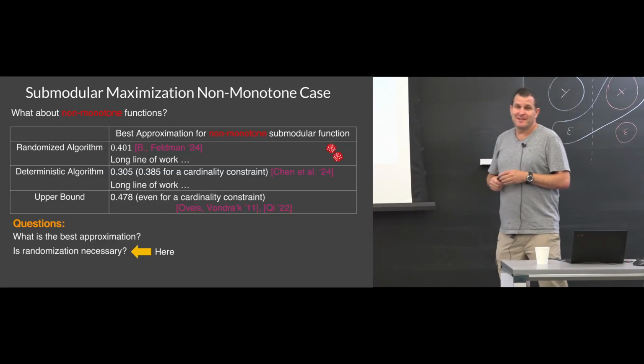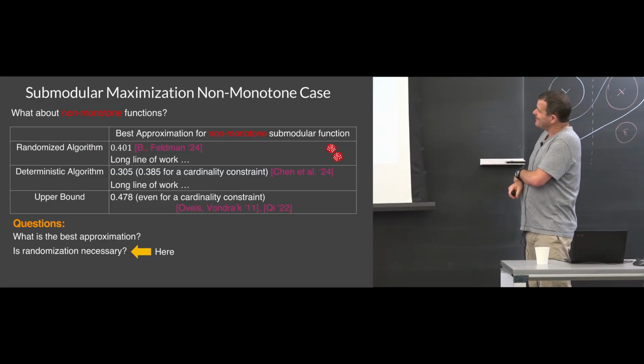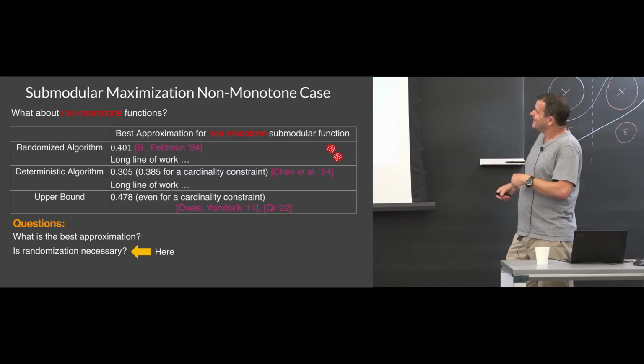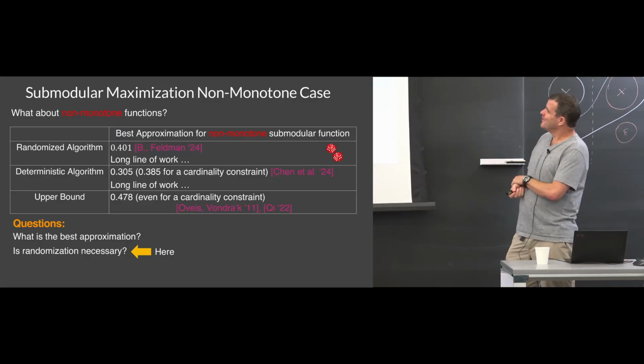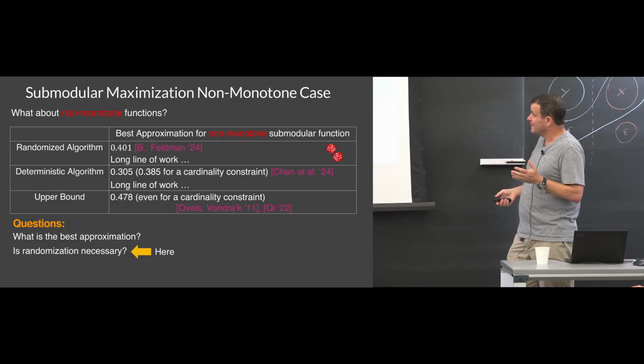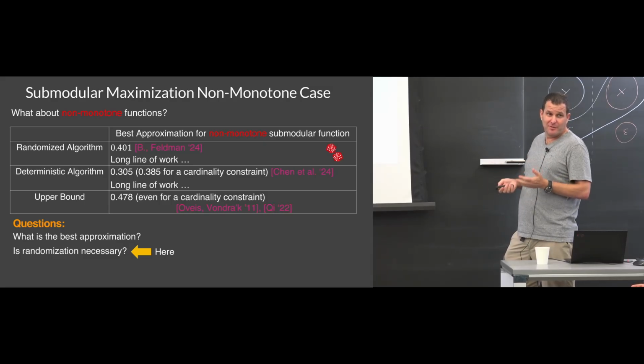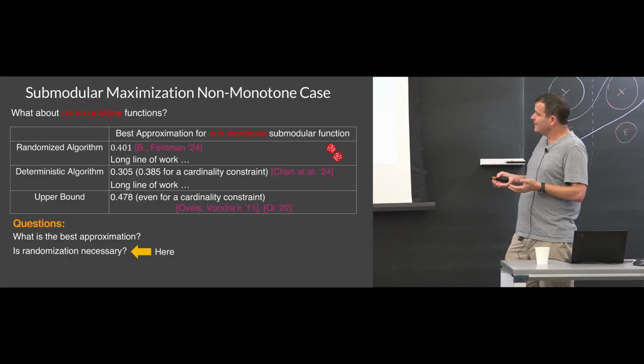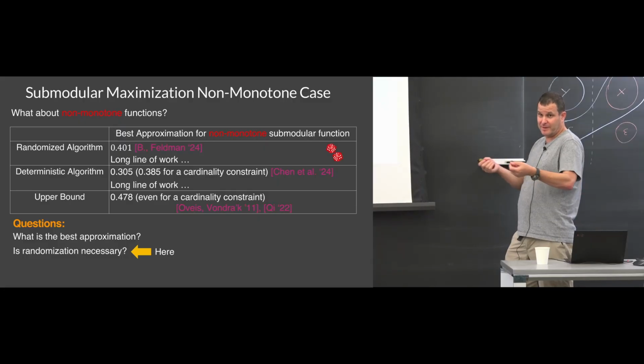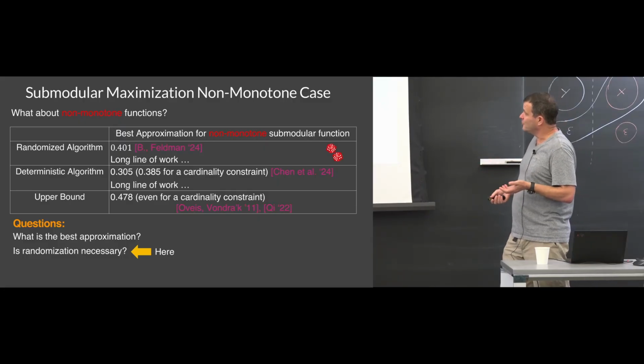Let's move to the part that is less elegant. Yeah, maybe more elegant. So let's move to non-monotone functions. Non-monotone functions are much more difficult, and we understand them much less. Even the approximation ratio has open questions, and these are really annoying because the question is really easy to state, and we don't know the answer even for a cardinality constraint, even if we can choose just k dishes.